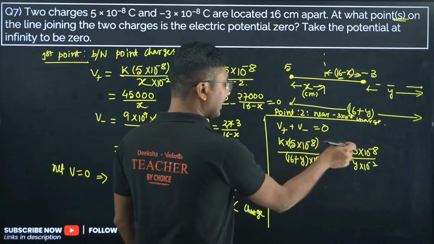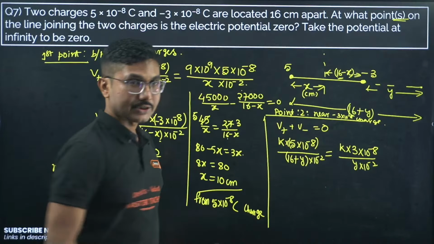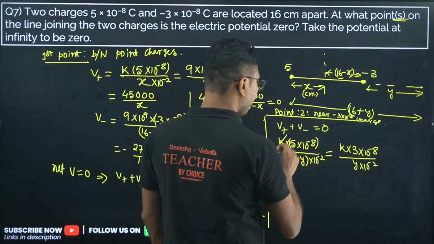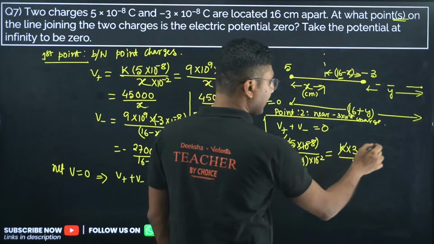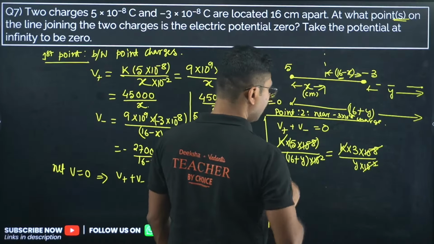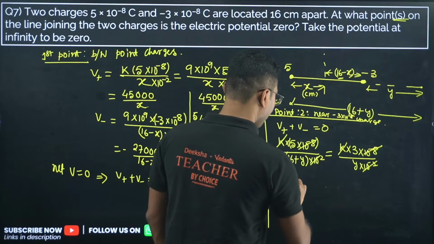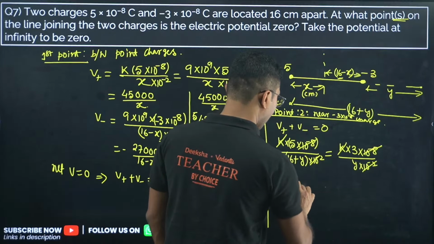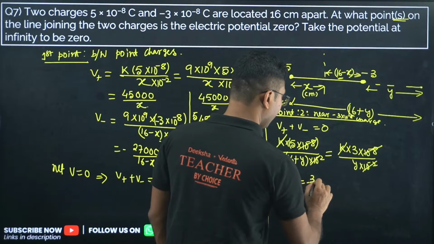You have to write the negative sign, then you can take it to the other side, but I am doing a one step jump. K cancels, 10 to the power of minus 8 cancels, 10 to the power of minus 2 cancels. So we get 5 by 16 plus y equals 3 divided by y.